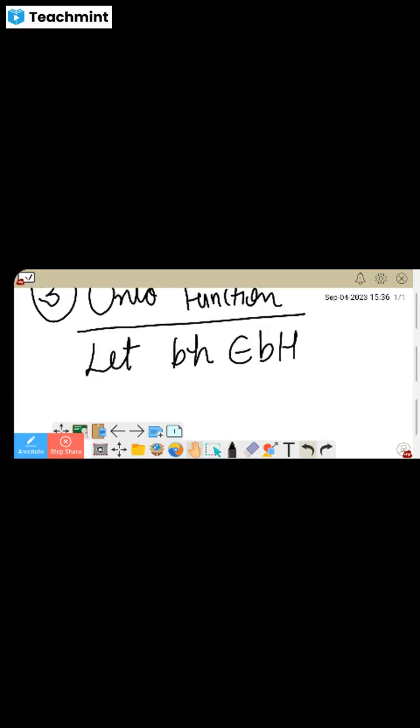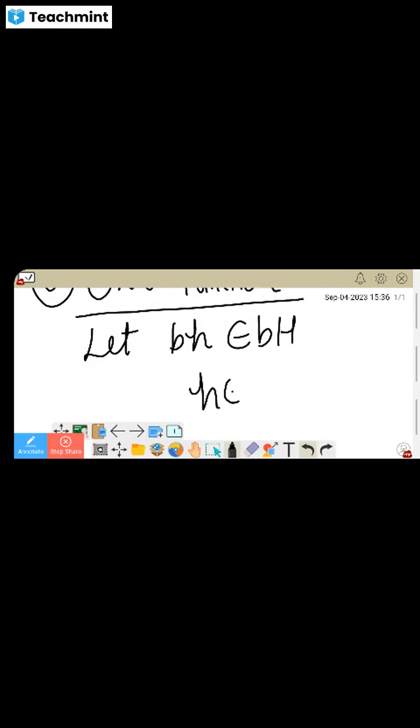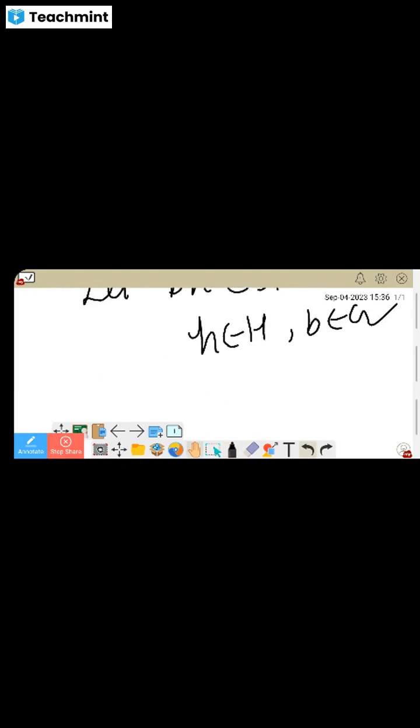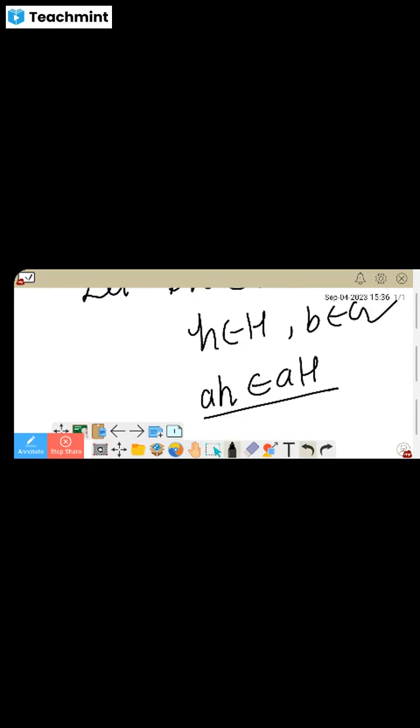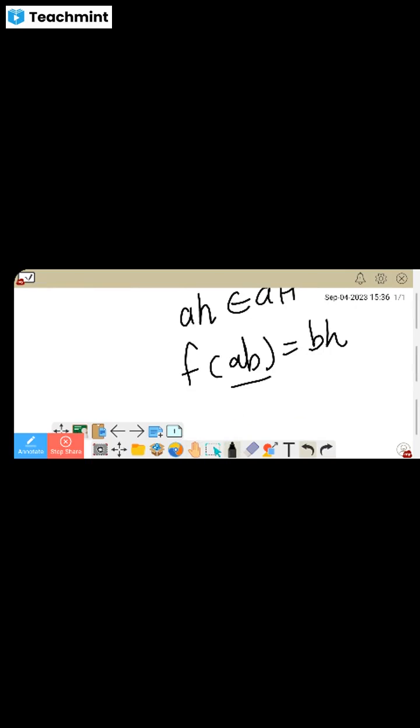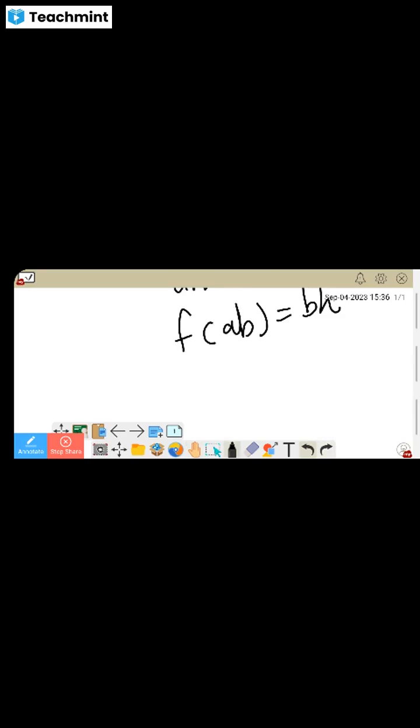We have done already this. And h belongs to capital H, where v belongs to G. And this aH must belong to aH. We have done this already. And so function using this input have this output. So for each input we have output, or for each output we have an input. So then we can say function is onto.